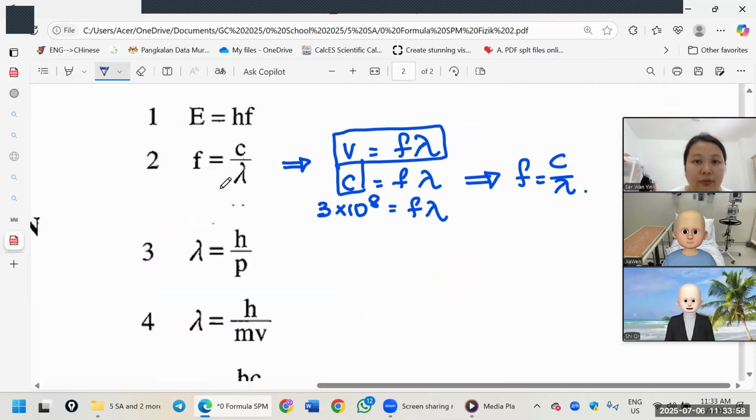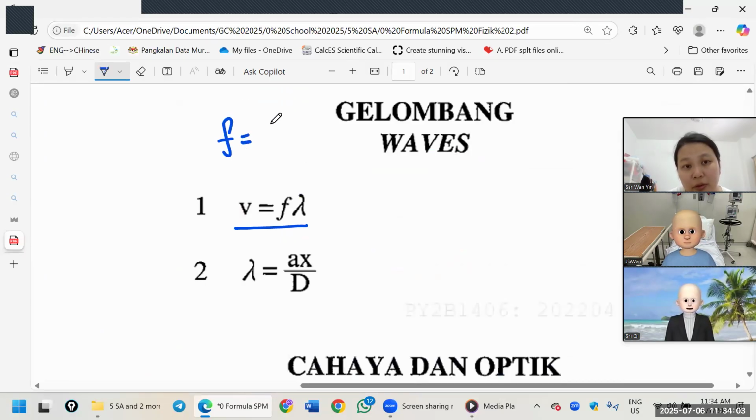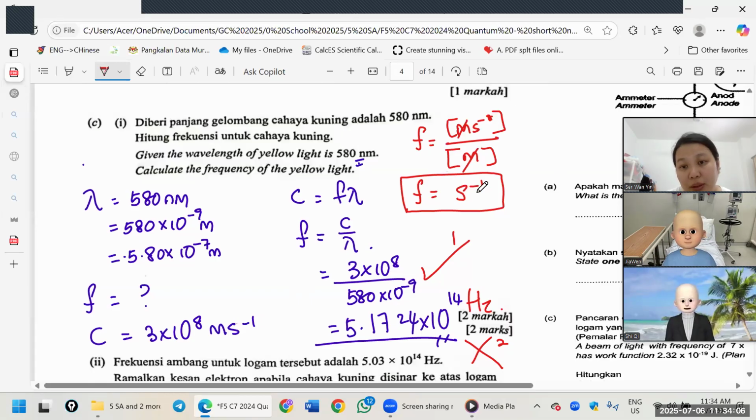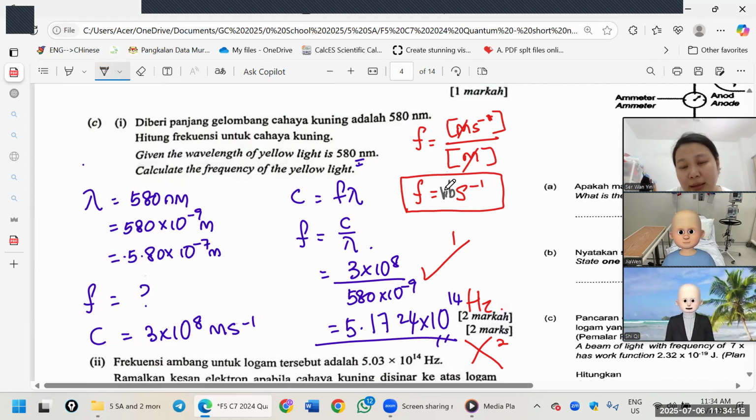According to form 4, you have one formula, f equals to 1 over T, 1 over period. Actually, frequency is how many vibrations per second. Vibration has no unit, so we just write per second. But I prefer you all write hertz. Just to give you an idea, let's say in the exam you forgot the unit. It's okay. You substitute back the units, then do indices, and you can also get back the unit.